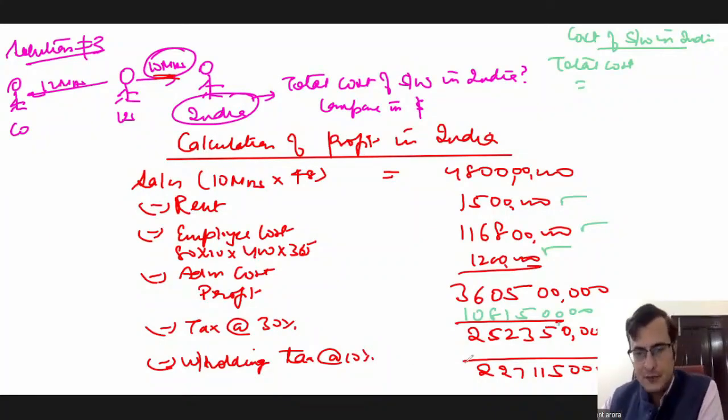Okay, and withholding tax will be 252350000. Okay, so we can add all the ones which are in green.